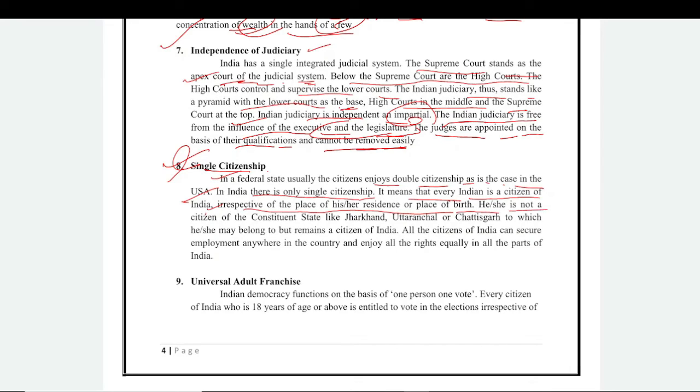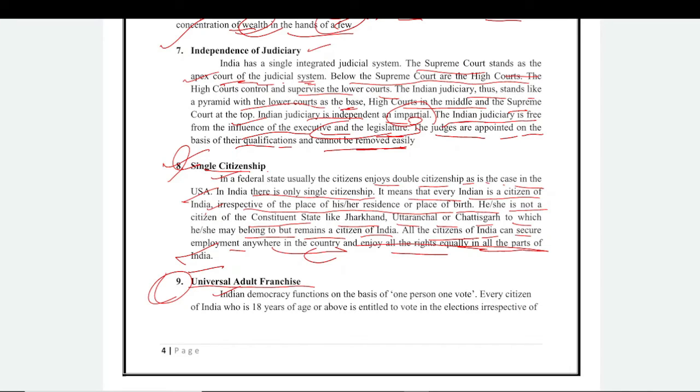He is not a citizen of the constituent state like Jharkhand, Uttaranchal, or Chhattisgarh, to which he may belong, but remains a citizen of India. All the citizens of India can secure employment everywhere in the country and enjoy the rights equally in all parts of India.